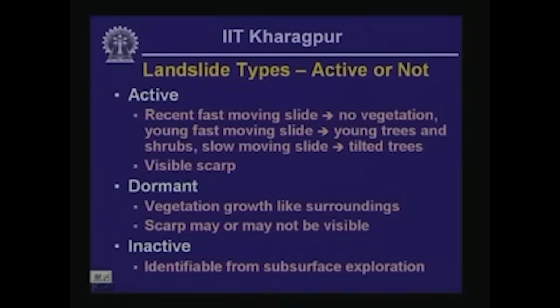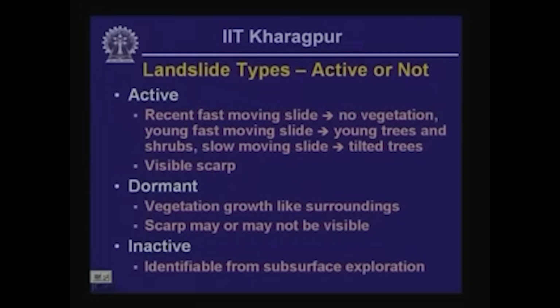That type of landslide is called a dormant landslide. An inactive landslide is basically a pre-existing landslide that has moved so much that in the present geometry the landslide has stabilized.